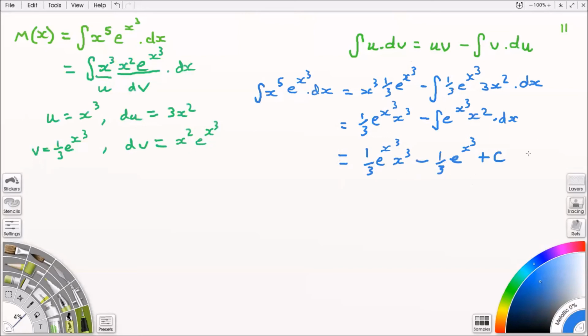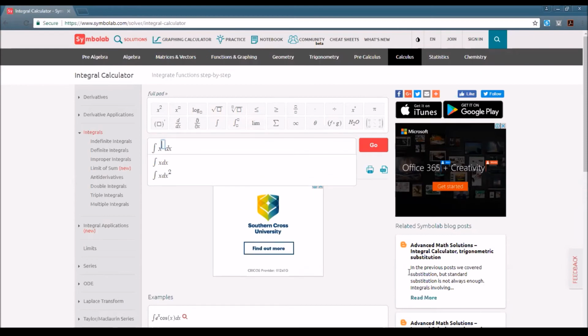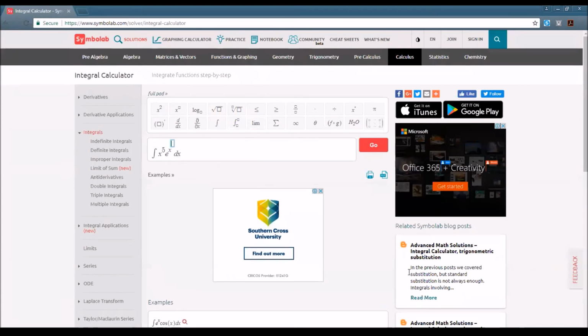So let's check this on Symbolab. An integration calculator. And let's see what Symbolab says. So we have e to the x cubed.